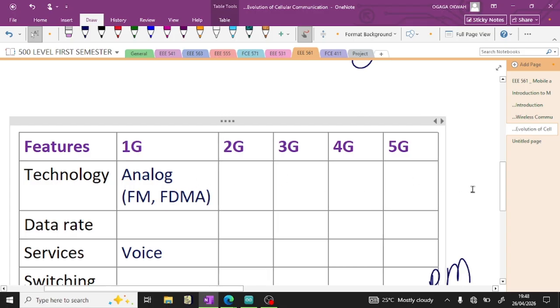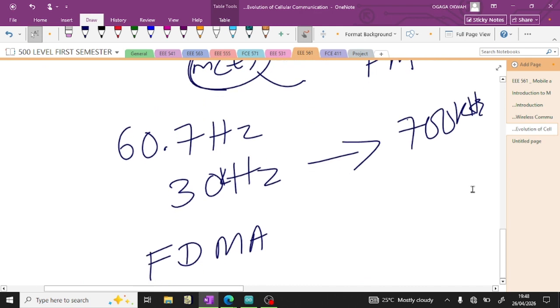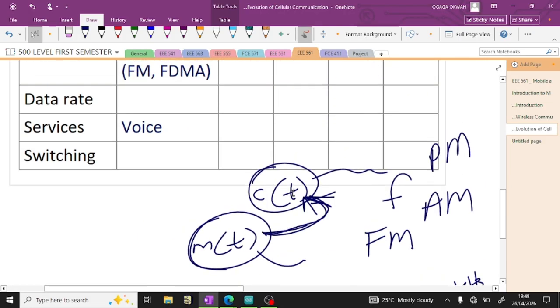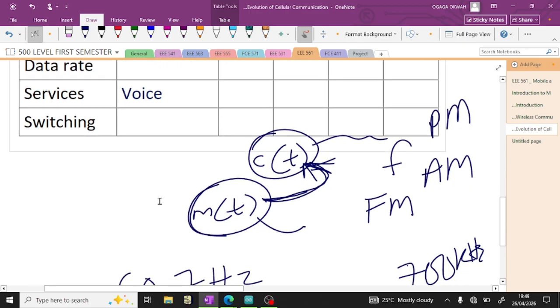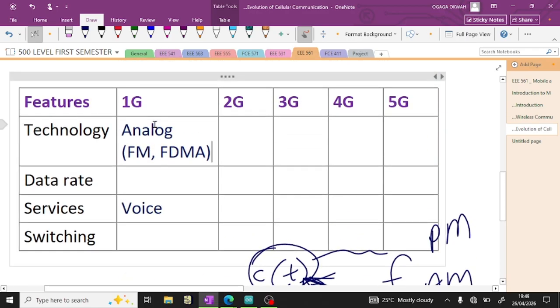Analog in the sense that what we are saying is continuous in time. Things in nature are continuous in time. So the first generation, they did not convert that analog signal to digital. They did not do that conversion. They just received the analog, sent the analog. Exactly. So that takes us to the next thing.